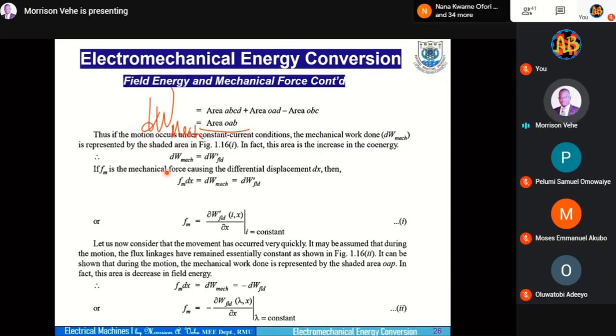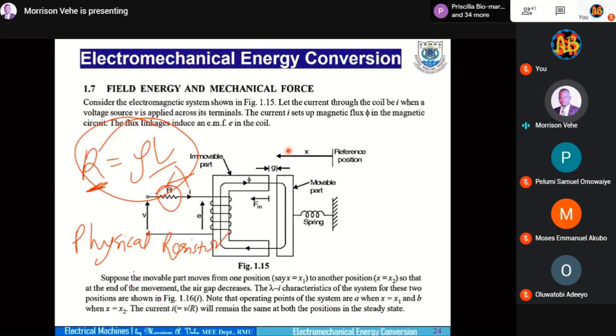Now, that simply means that if the motion occurs under constant current conditions, we maintain the current constant. Like I was giving you an illustration here, the resistance there we can use to maintain a certain amount of current, which will equally produce a certain amount of flux.